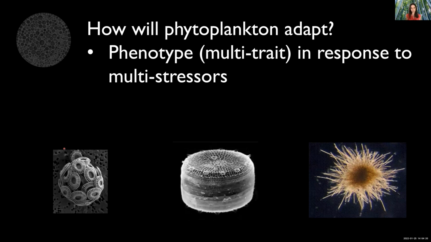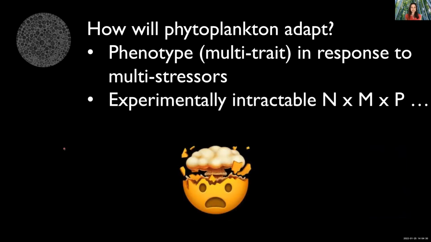That's a multi-trait phenotype, beyond just single traits or even pairwise traits, and we need to do so in response to multiple stressors. Experimentally, this becomes intractable very quickly. If you want to think about many different species responding to multiple stressors, I think Phil Boyd calls it the Nalgene problem: you get exponentially increasing numbers of experiments that you have to do.